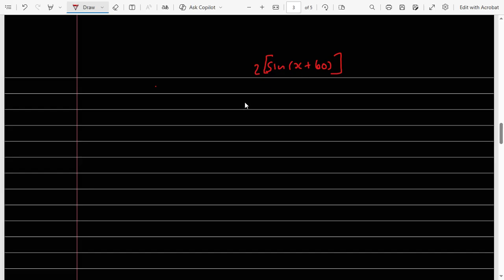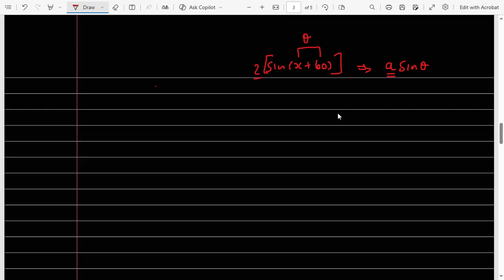And what is this? A trigonometric function for sine. So the trigonometric function, the standard form, it's in the form of a, the sine of theta. What is a? So basically the x plus 60, that's your theta. Your a is 2, which is the amplitude.